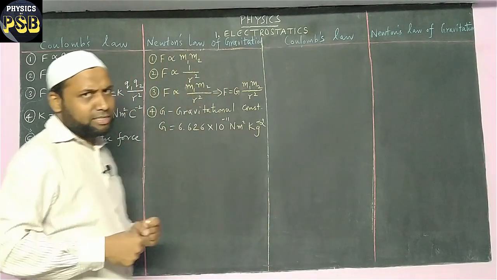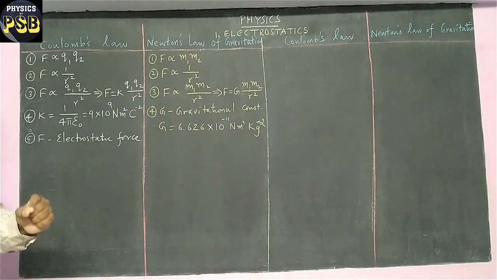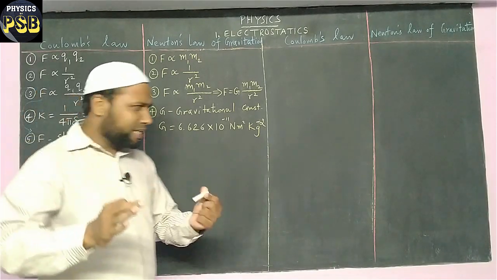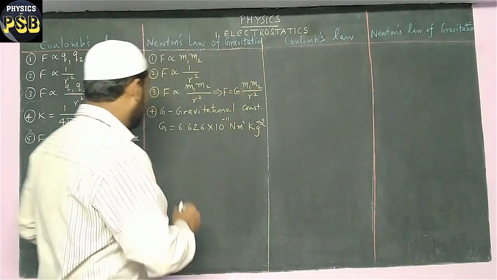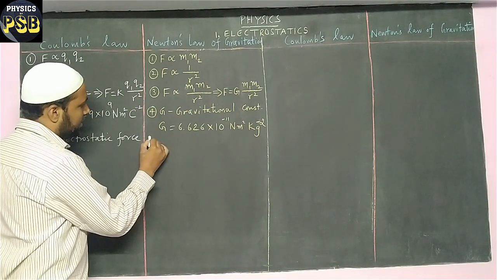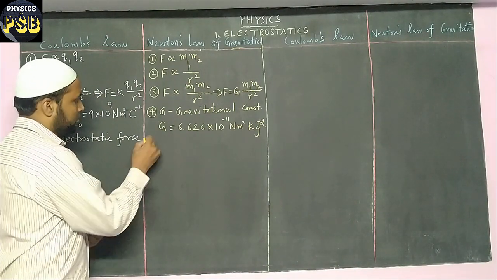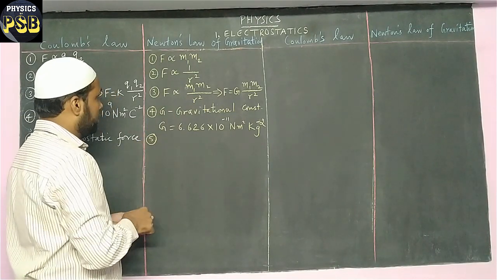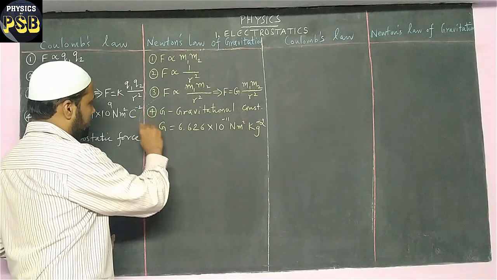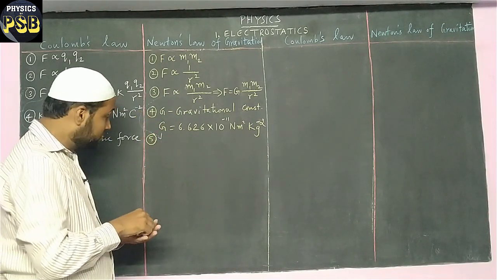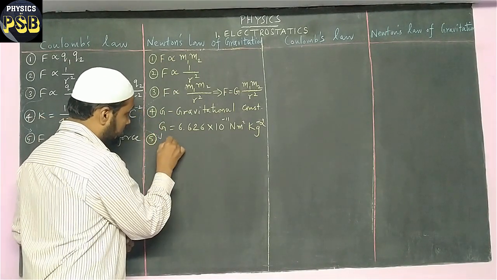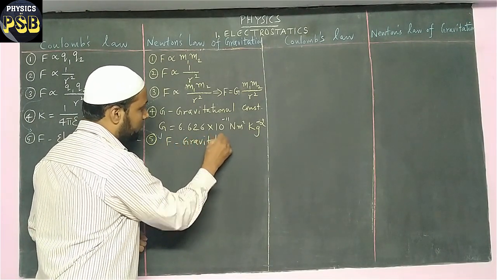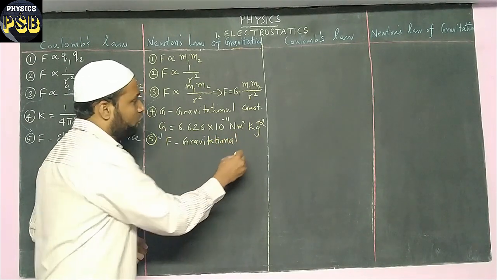If you take two charges, then the force that exists between them is electrostatic force. In a similar way, the force that exists between any objects is gravitational force. So here F stands for gravitational force.